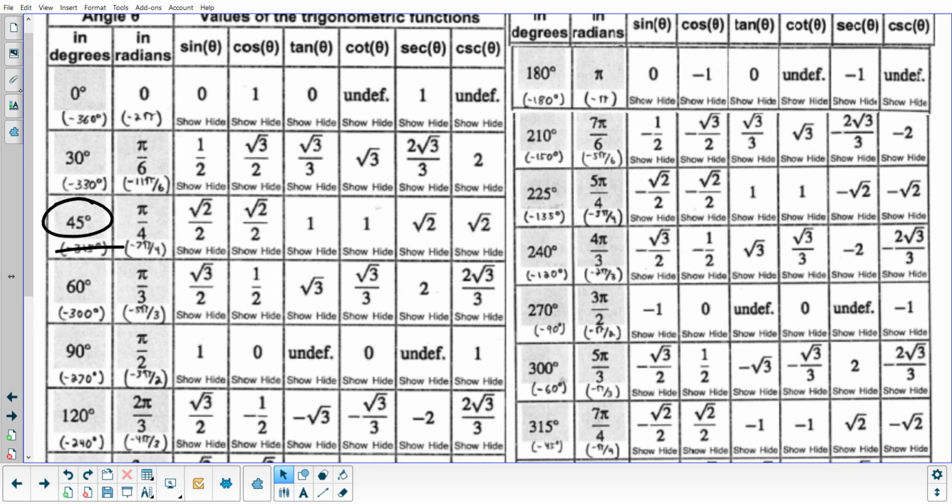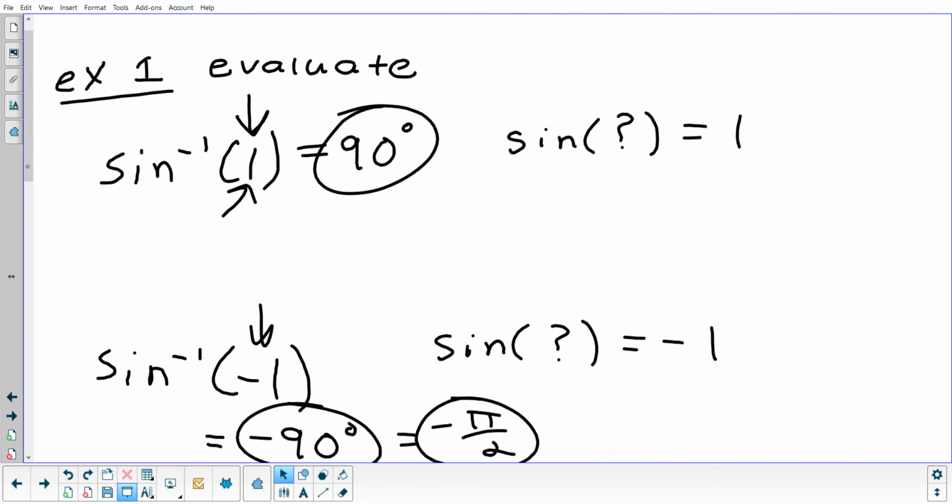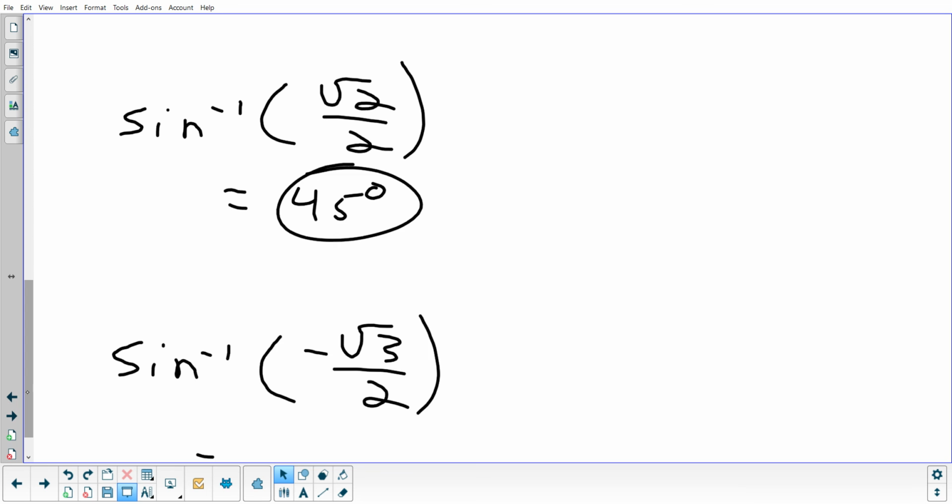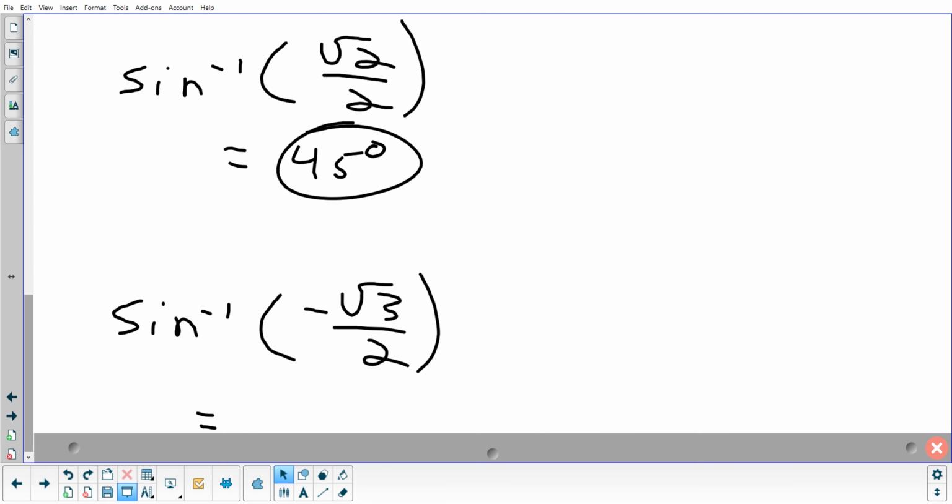Questions on that one? Let's write that down. Try one more with inverse sine. Inverse sine of negative root 3 over 2. So question, what angle can I take the sine of, and I get that as the answer?